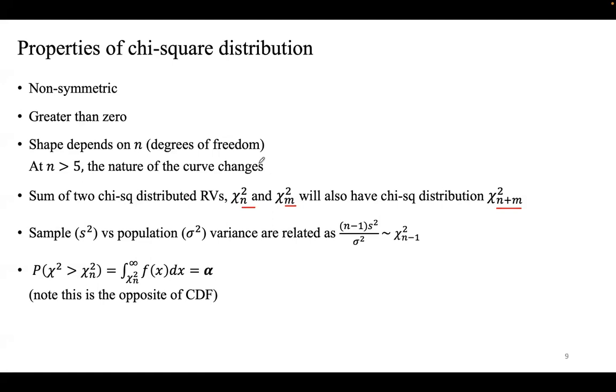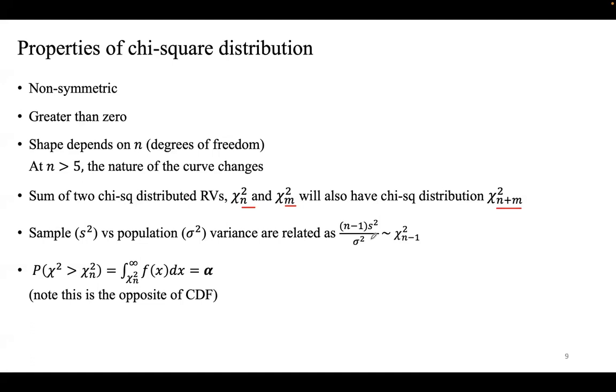And the argument given behind this is that when you're taking a sample, you yourself are introducing some variance that needs to be accounted for. So which is why you now have to divide by a smaller number so that the variance is a little larger.